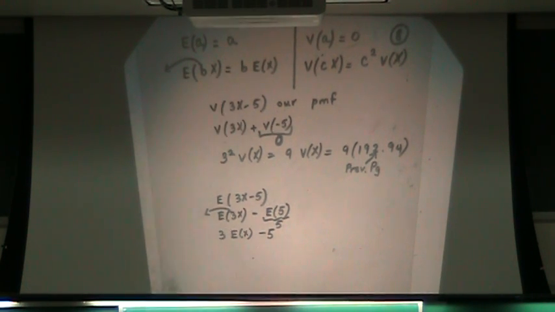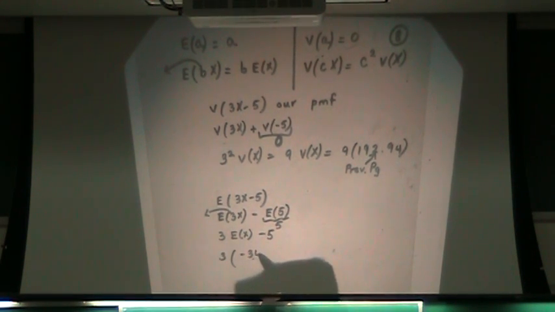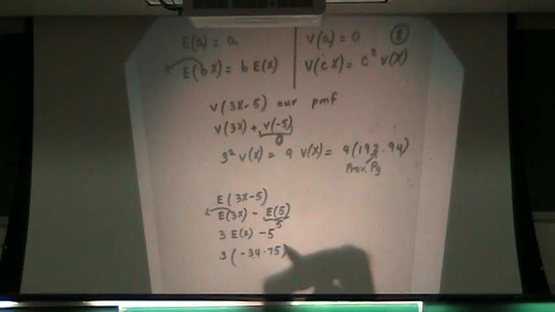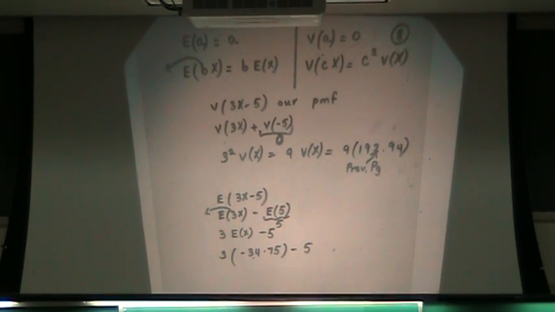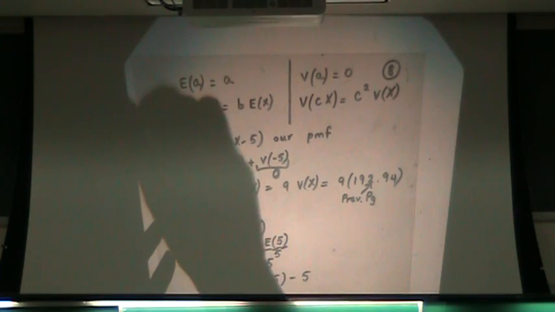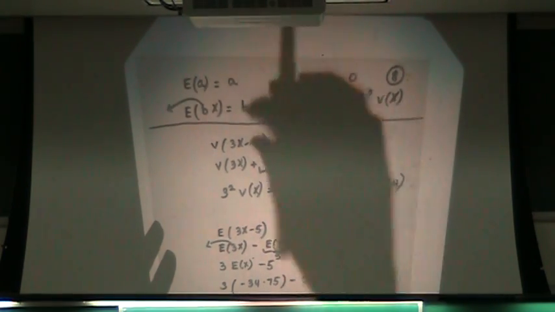Negative 34 3/4. So 3 times negative 34.75 minus 5. That's how I would do that problem. You see what I'm doing, right? So all you really have to know are these four. Put these on your cheat sheet.